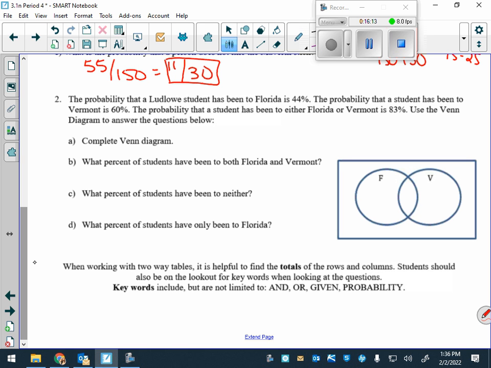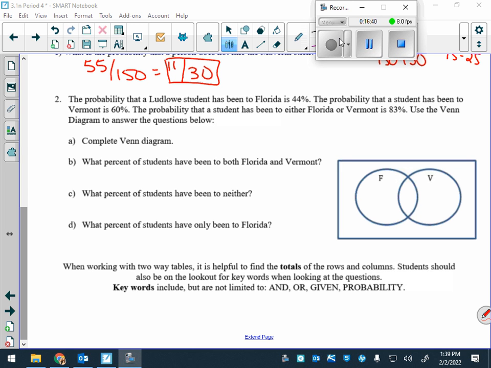Okay, so how do we find it? Do we use the formula from before? You can. Find who's been to both. Go ahead. All right, so we know probability of Florida is 44, Vermont is 60, and altogether, Florida or Vermont is 83.